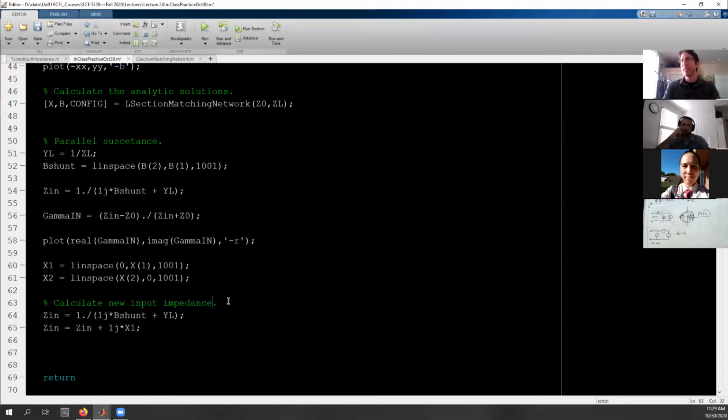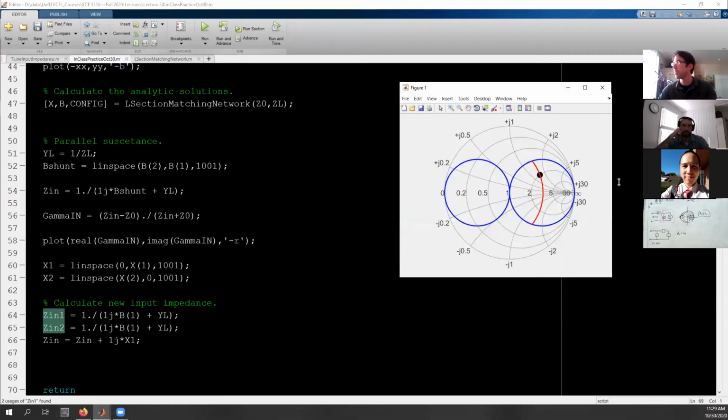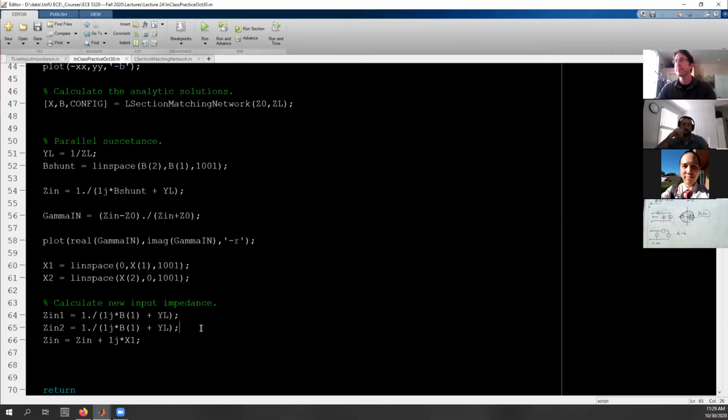I'm going to say Zn1 is just going to be B of 1, like that. Zn2. So this is going to correspond to just the tips here at these little endpoints, rather than drawing the whole arc as we go through that, right?